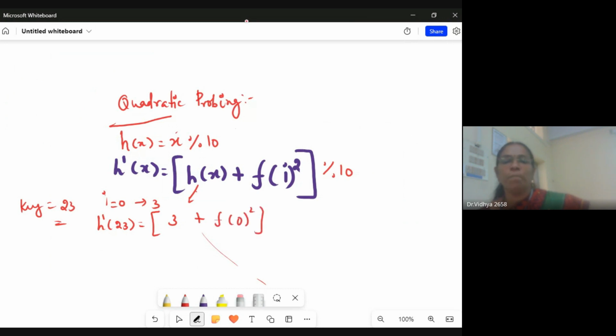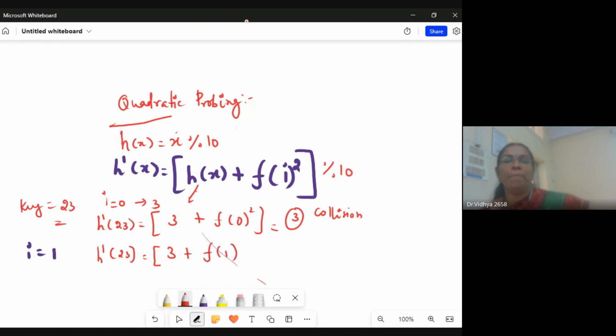Obviously f of 0 is 0, so you will get position 3. Position 3 already has an element, so it is a collision. Then the next one is i equal to 1. When i becomes 1, h dash of 23 becomes 3 plus f of 1.